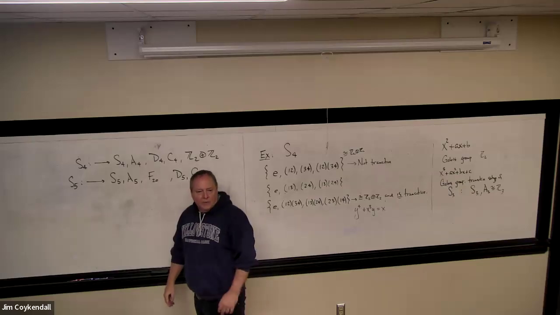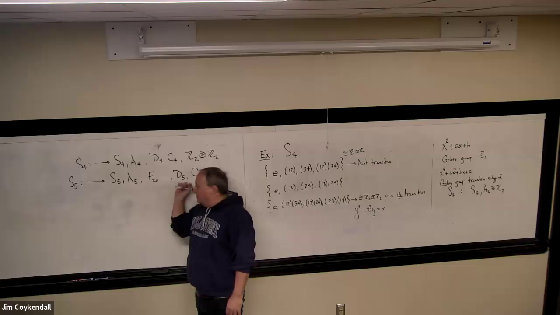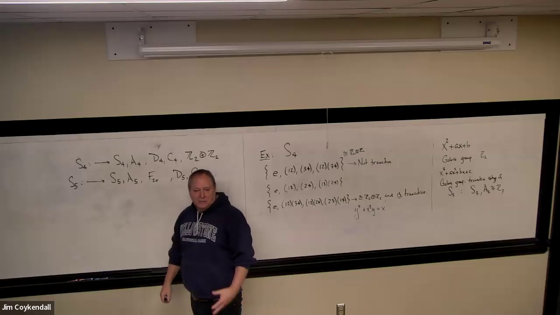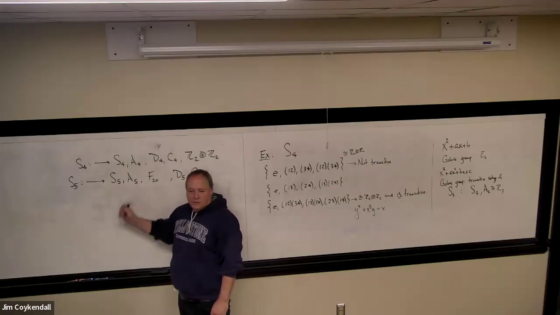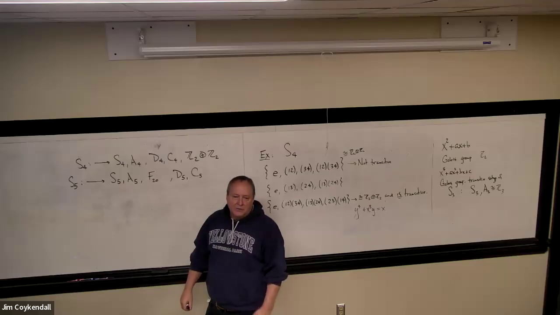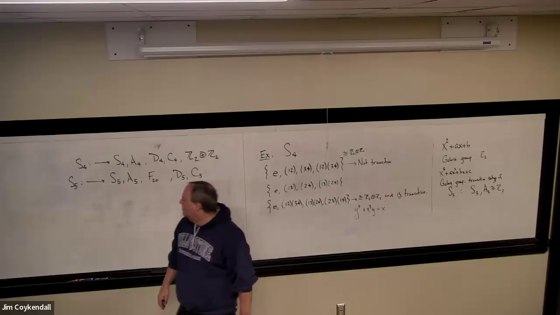If your Galois group for the polynomial is one of these 3, you can solve it in terms of radicals. You can find a formula for it. These 2, you're out of luck because they're not solvable. So they have solutions, but you can't write them in terms of square roots, sums, products, things like this.